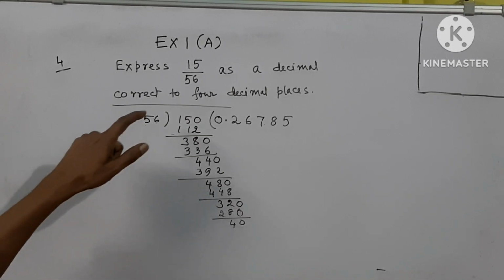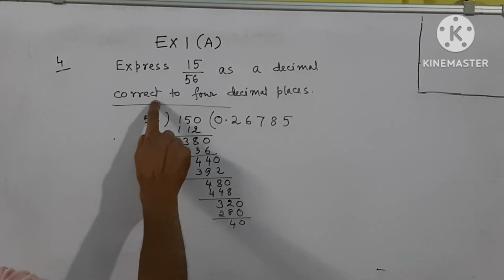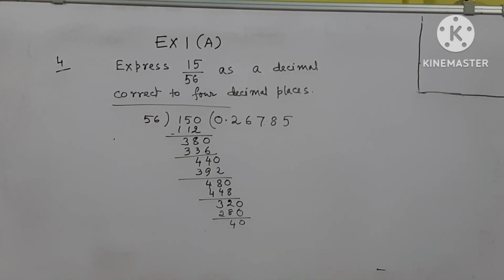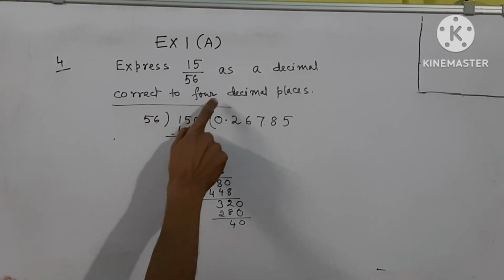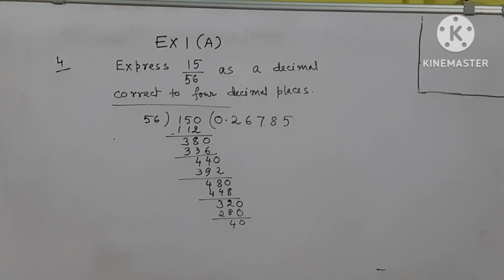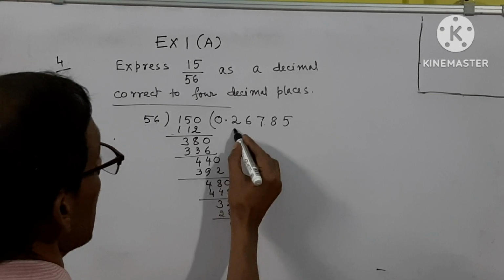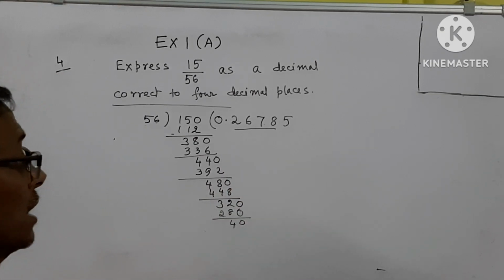Now you have to see the question. You have to give the answer correct to 4 decimal places. What is 4 decimal places? That means you have to do some approximation or estimation.